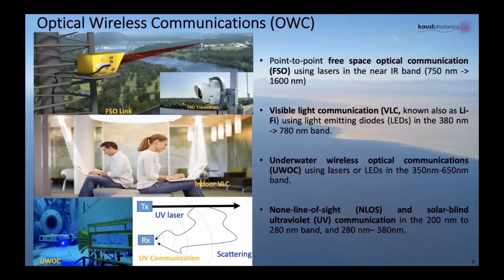Components developed for VLC are common for underwater wireless communication. Water has very low loss absorption at the visible spectrum, and similar components, especially transmitter and receiver, can then be used for underwater communication. And another one is the non-line-of-sight communications, or the so-called solar blind ultraviolet communications.